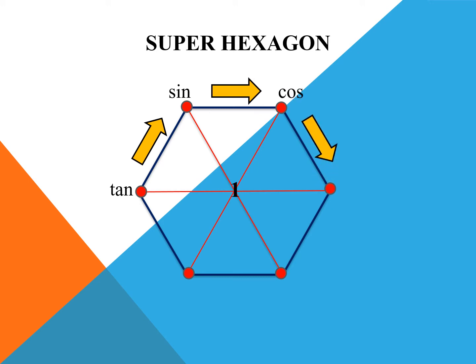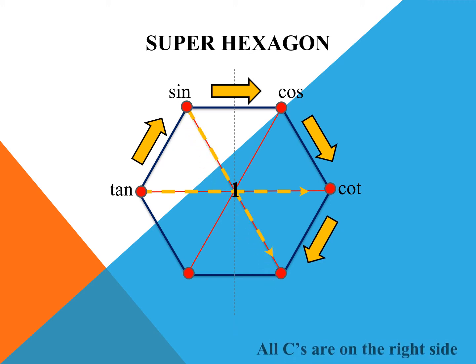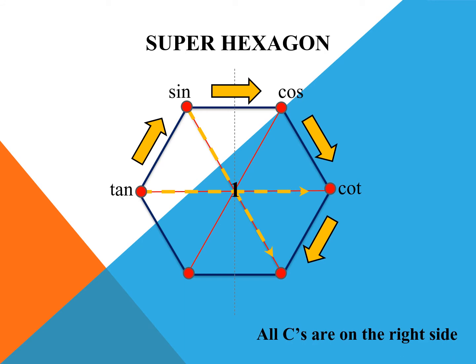Then the opposite of tangent is cotangent. Then what will be next? Divide the hexagon by a vertical line in the center, and remember that all on the right side are C. Then only secant is missing.